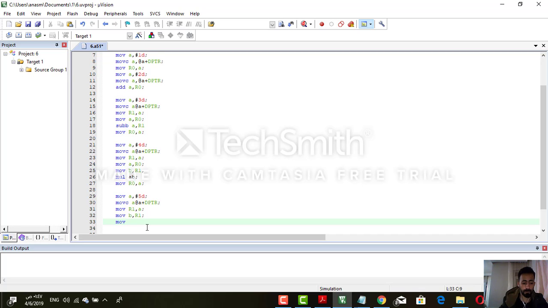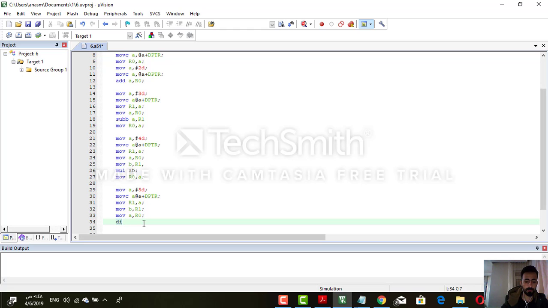Move the value of array 0 to A, which is the C result, with the value of multiplying here. Now we have to divide it. Divide A, B.